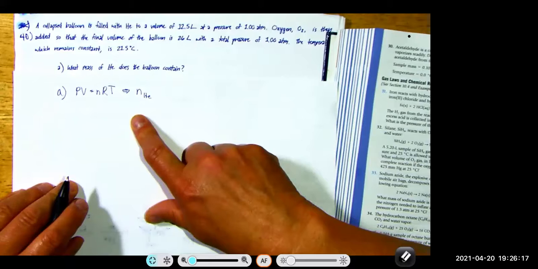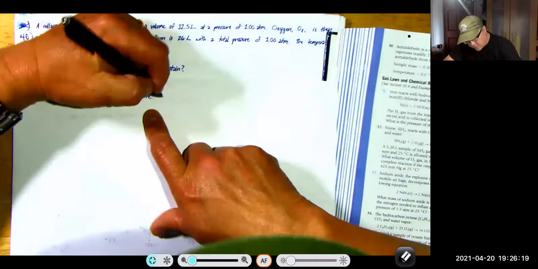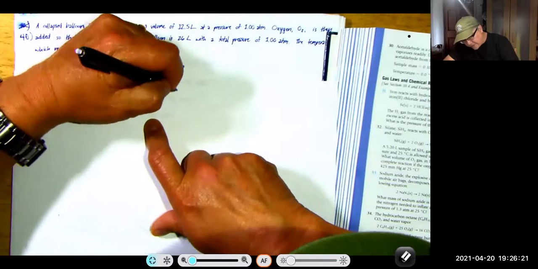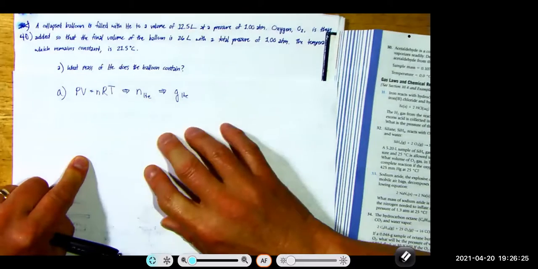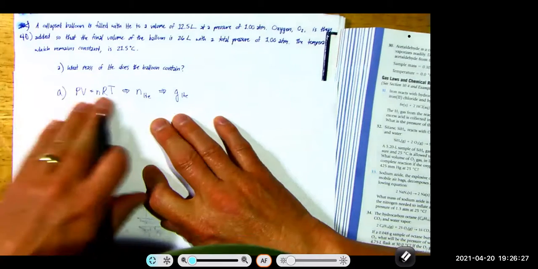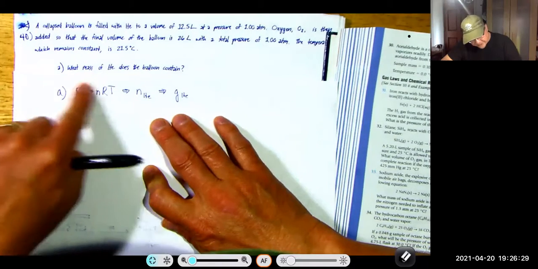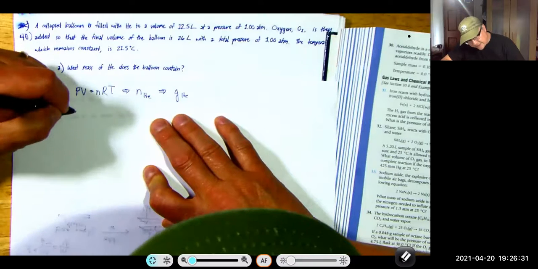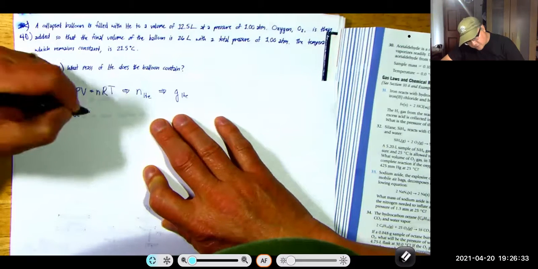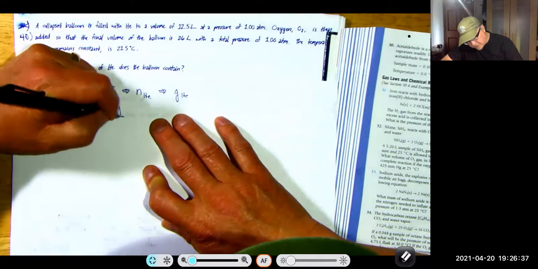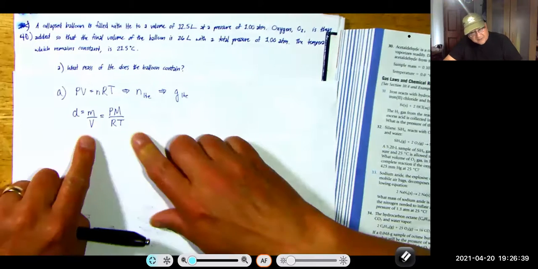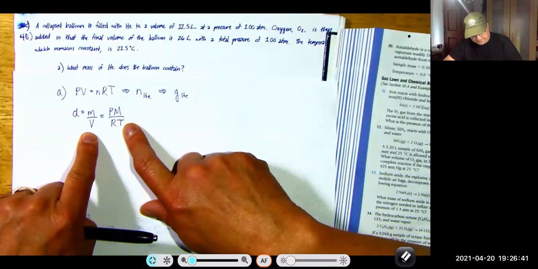And then from the moles of helium, we could calculate the grams of helium, which is the mass. But the neat thing about this equation is that you can rearrange this and you can actually get D, which is mass over volume, is equal to PM over RT. Now the book shows you how they get this equation.